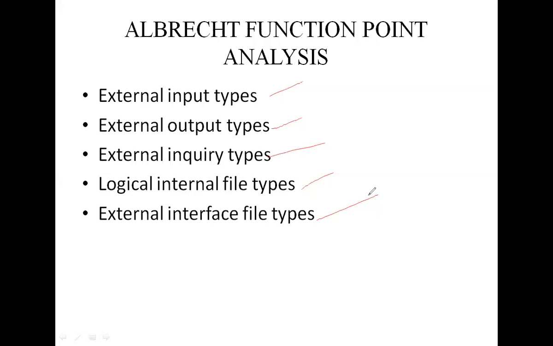An example of this would be transmission of accounting data from an order processing system to the main system, or the production of a file of direct debit details on magnetic or electronic media to be passed to the banker's account, or transferring data from account to account. That is called the external interface file type.